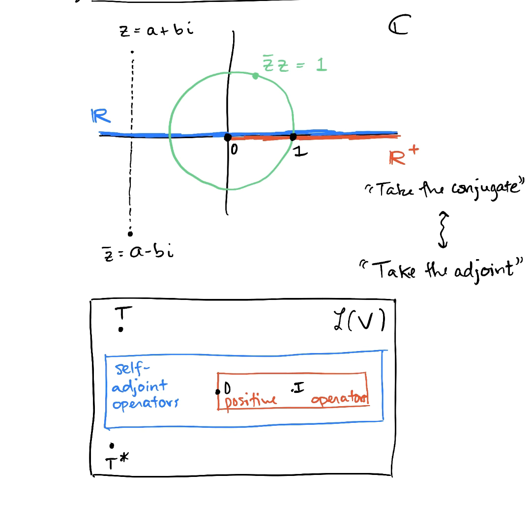So now we have to think about, all right, fine, well then what's the analog to the unit circle in the complex plane down here? Well, keep your analogy strong.